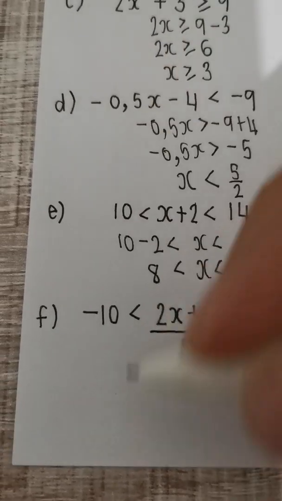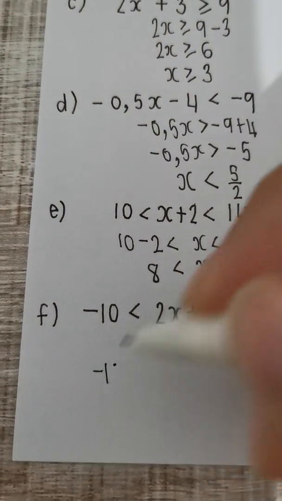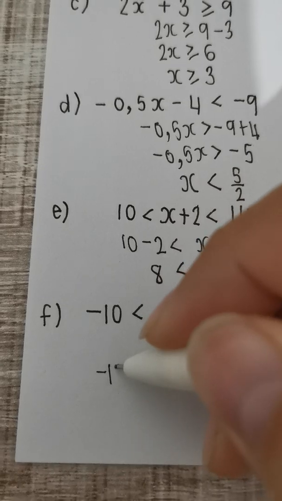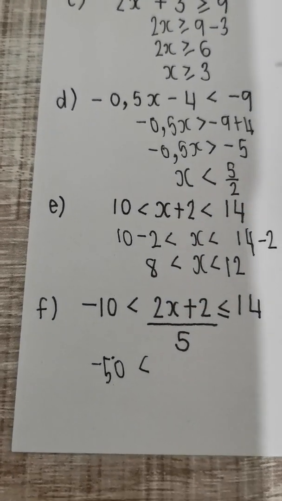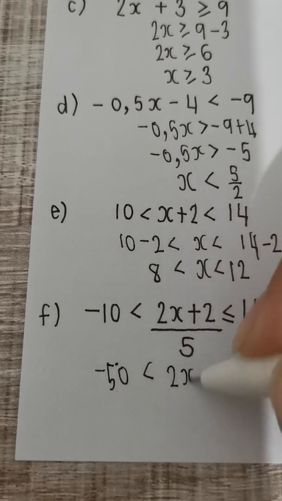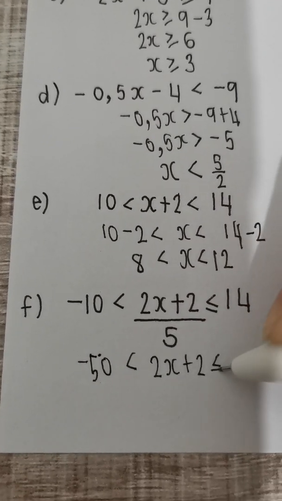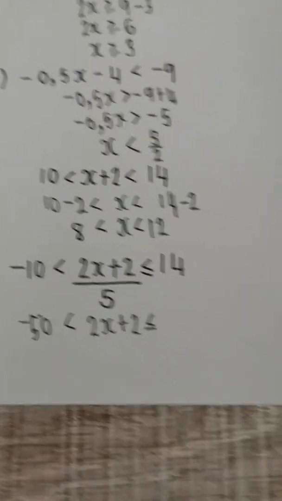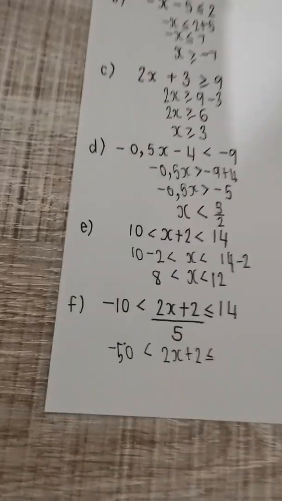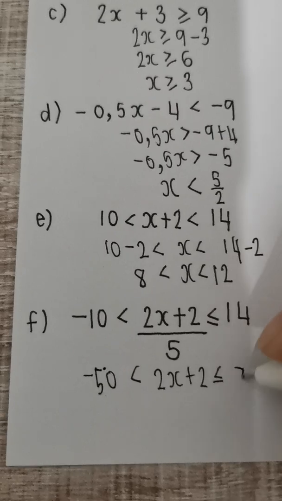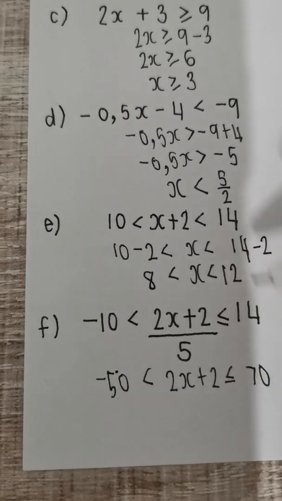Okay, if I give it to you like this, first we're going to multiply both of them by the 5. Negative 10 times 5 is negative 50. Okay, this here is going to be 2x plus 2. That's 14 times 5, 70. Okay, then we're going to take the 2 over to both sides.